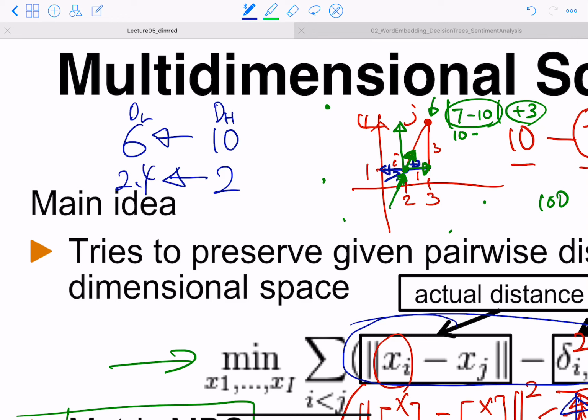If we compute our loss function, here we have a 4 as the difference, and here 0.4 as our difference.